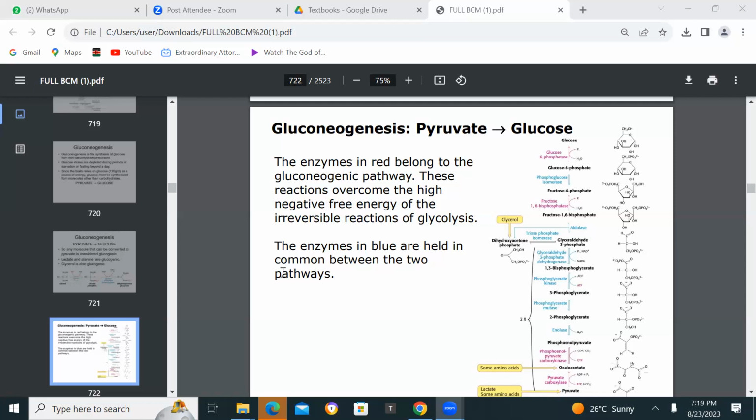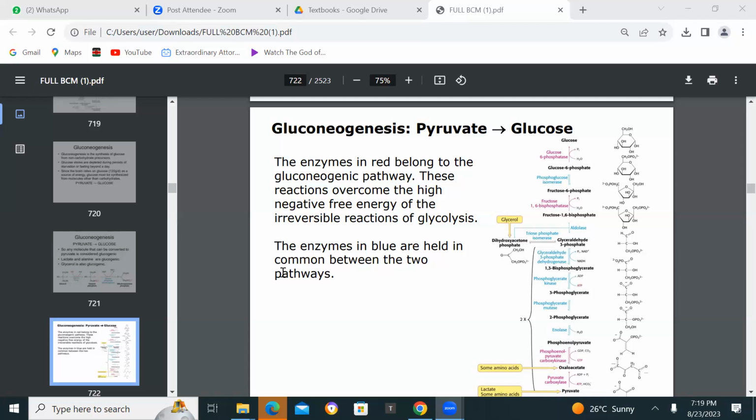If it's anaerobic metabolism, we obtain lactate. We use 2 ATP molecules in glycolysis and make 4 ATP molecules, so we make a net of 2 ATP molecules.